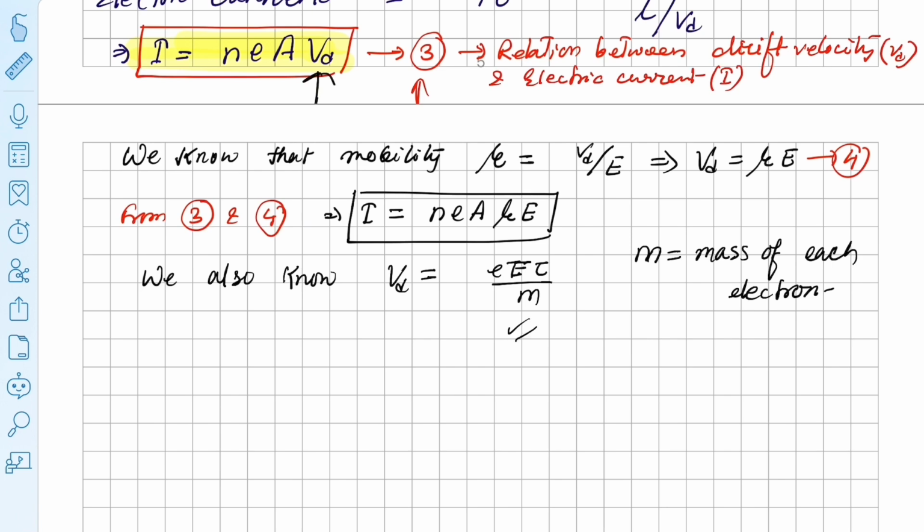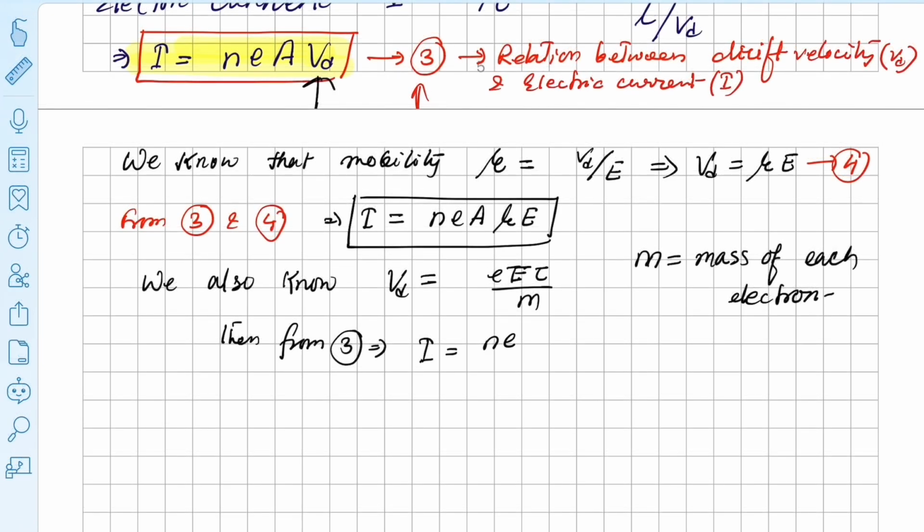So if we replace this Vd by this value, then from equation 3 we are going to have this relation: I is equal to n e square A E tau by m. How?